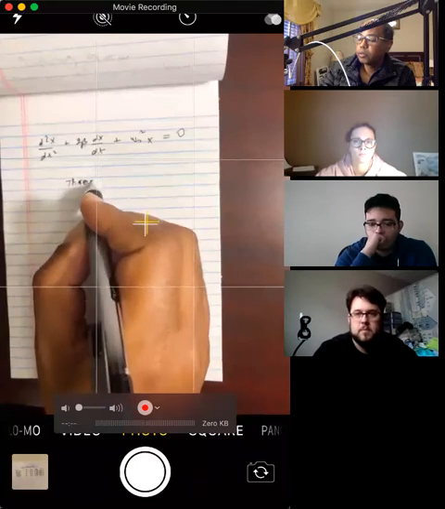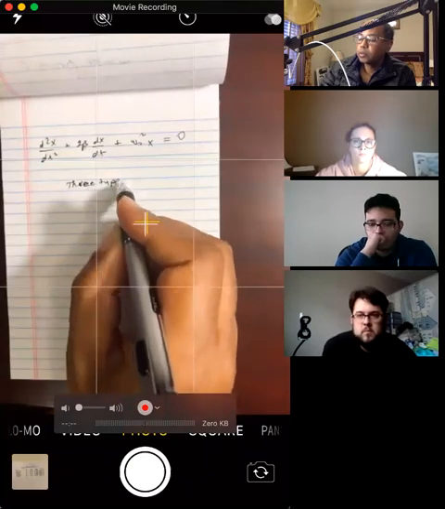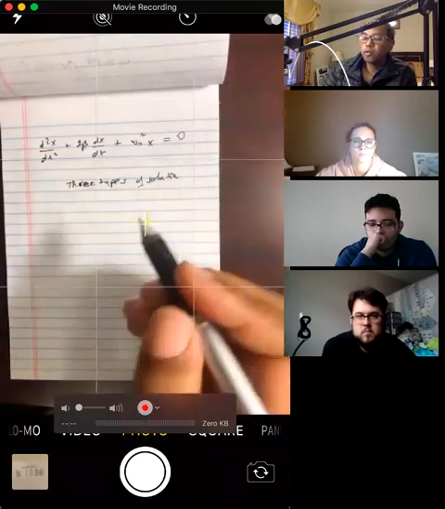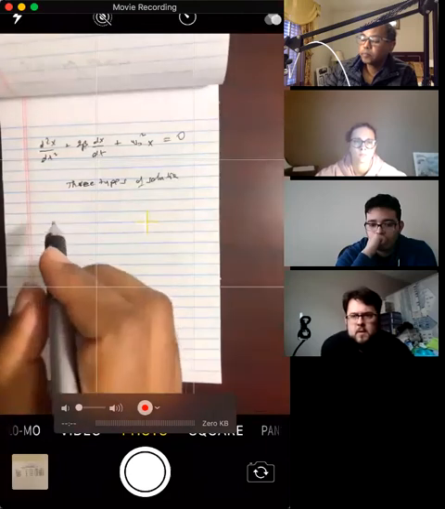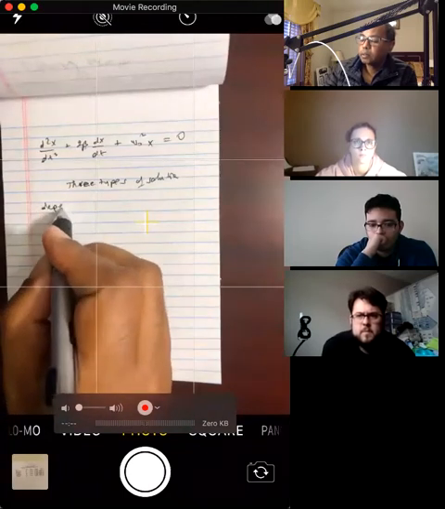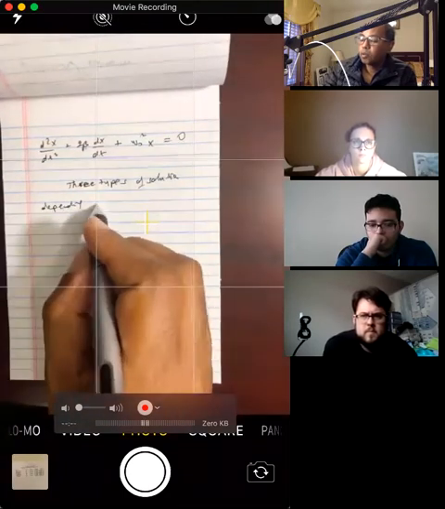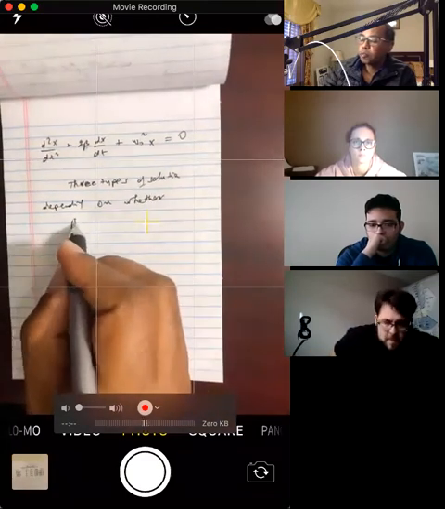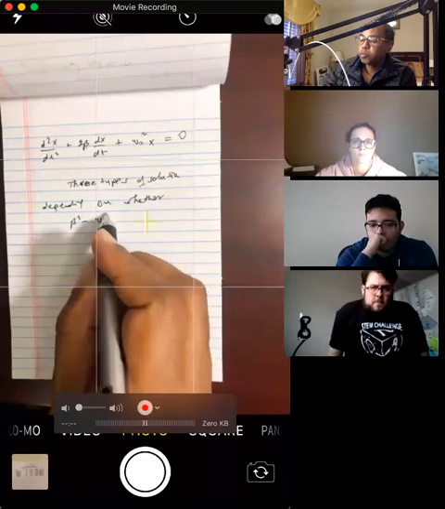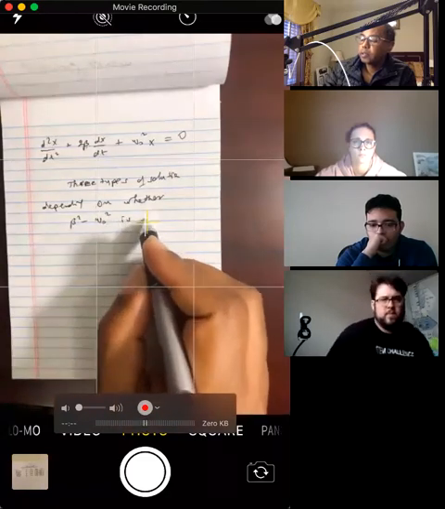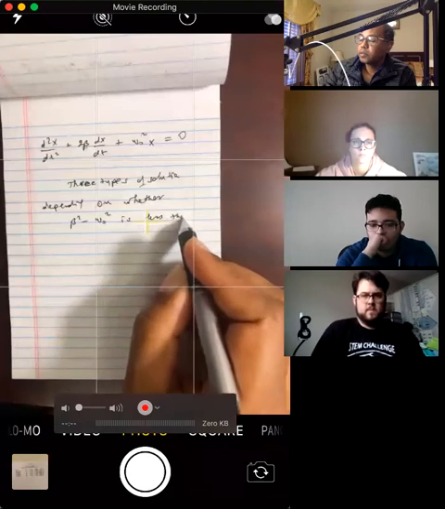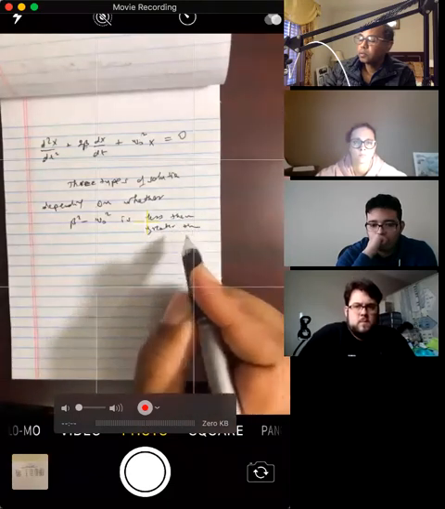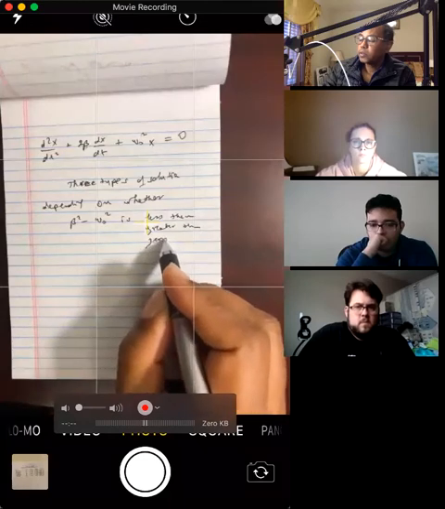3 types of solutions depending on the following discriminant. Depending on whether this constant over here, beta squared minus omega naught squared, is less than 0, greater than 0, or equal to 0.